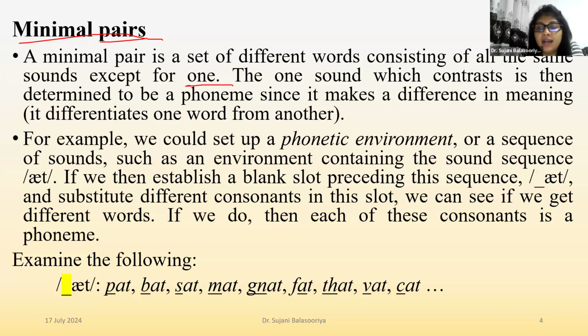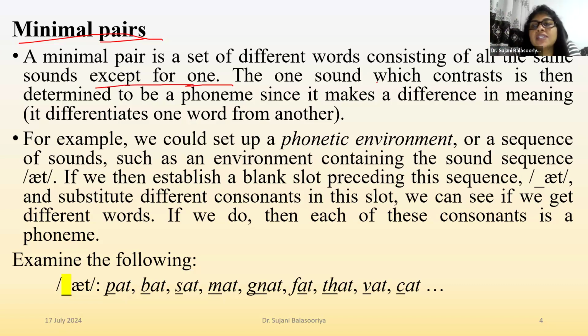Minimal pair, if you just consider it in singular number, means a pair of words, which means two words. Then what can you say about these two words? These two words are two different words, but almost all the sounds are the same, except for one sound.